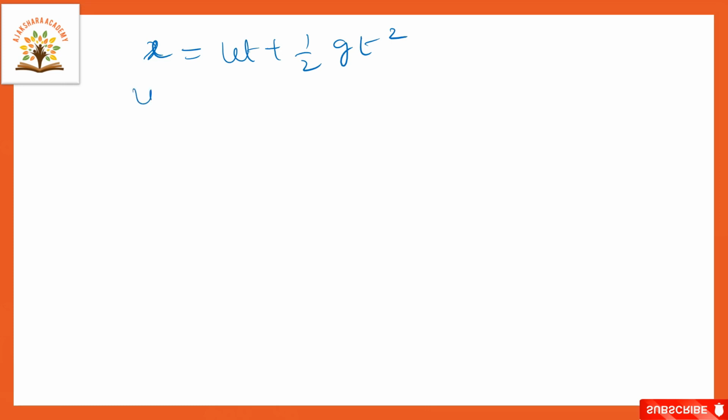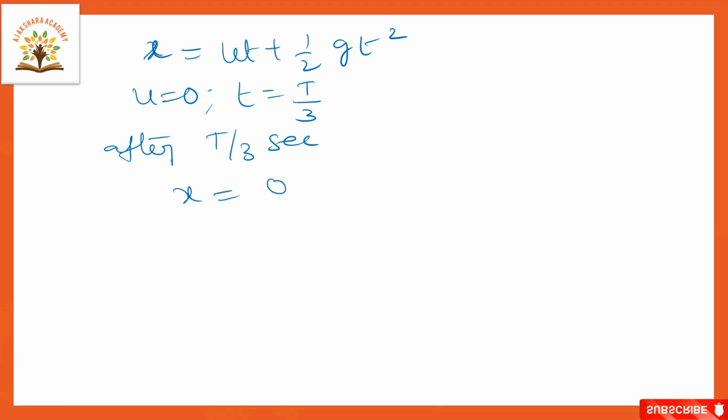u is equal to 0, t is equal to t by 3. After t by 3 seconds, x is equal to 0 into t by 3, 0, plus half g into t by 3 whole square. So x is equal to half g t square by 9.